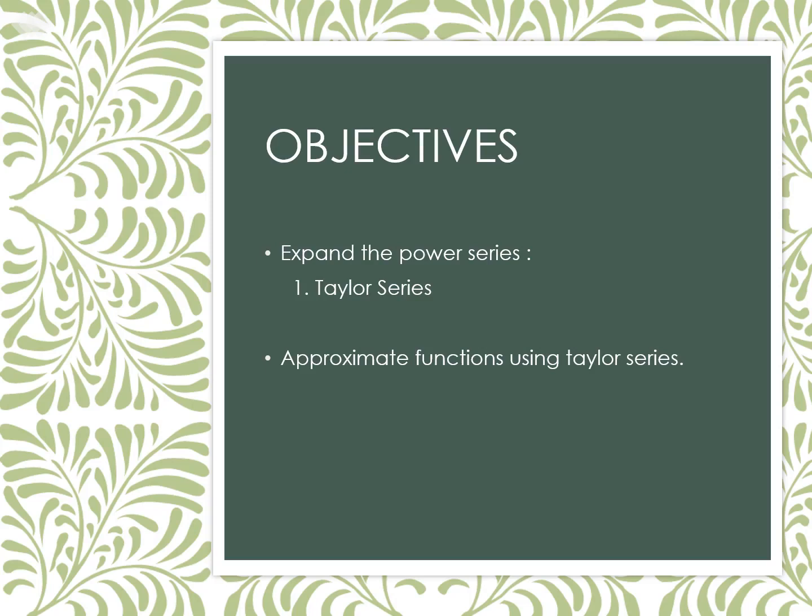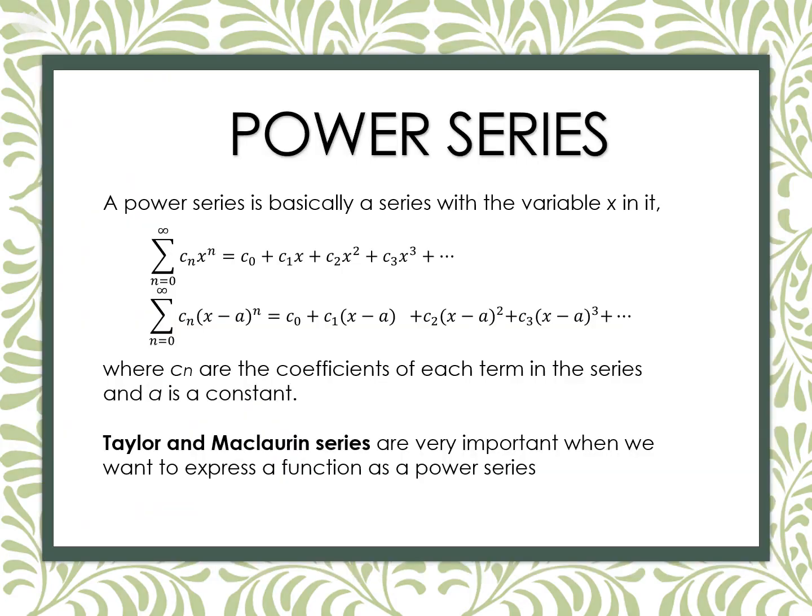Hopefully, by the end of this session, you are able to explain the Taylor series and use this series to approximate functions. A power series is basically a series with the variable x in it.